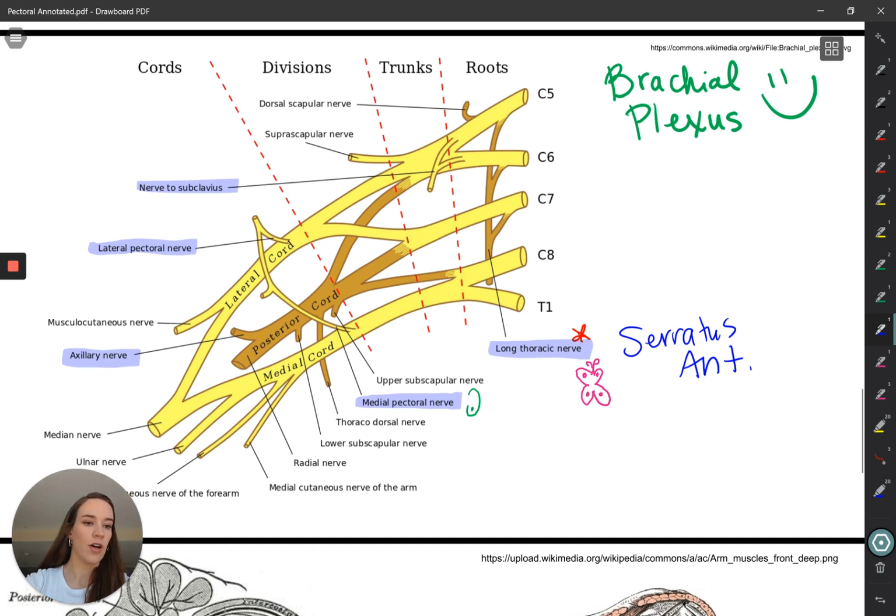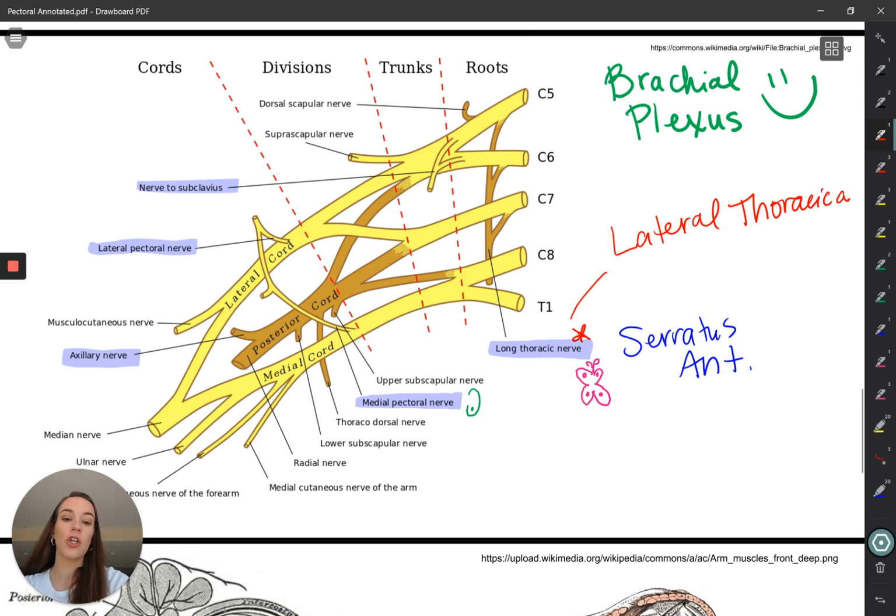First of all, you'll notice that this is similar to the artery that is vascularizing the same muscle, but the name is different. So the artery is lateral thoracic artery, but the nerve is long thoracic nerve.